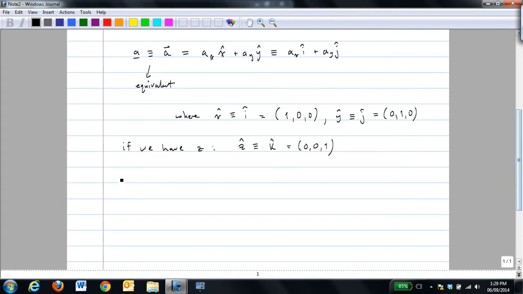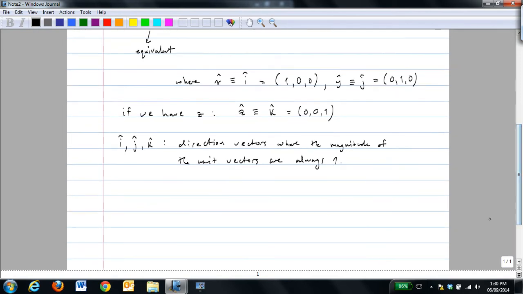A little bit more about these unit vectors. We have i, j, k. They are direction vectors where the magnitude of the unit vectors is always 1.